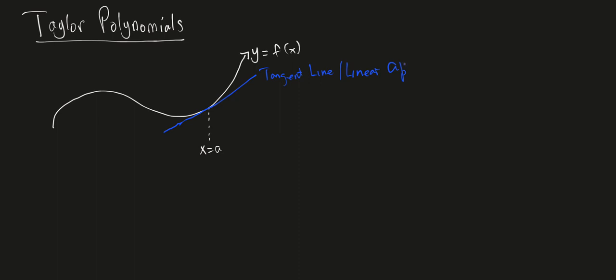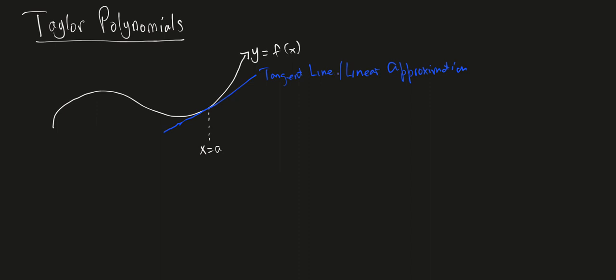And then later on we learned that we can use this tangent line as a linear approximation. The concept is this: if you have a difficult or challenging function to work with, and you have to do lots of things with this function, maybe find its roots, and you're willing to give up some accuracy, you could instead approximate f of x by this tangent line.